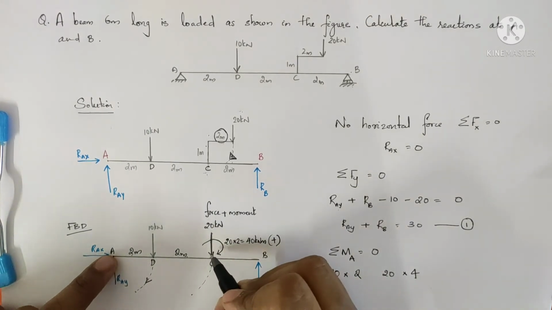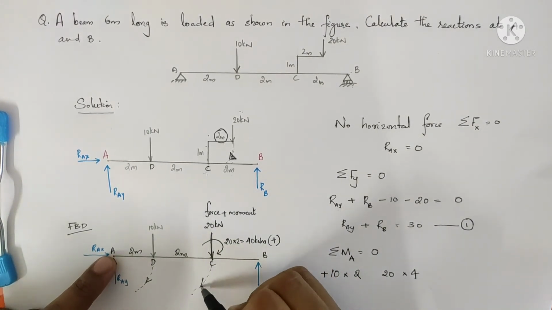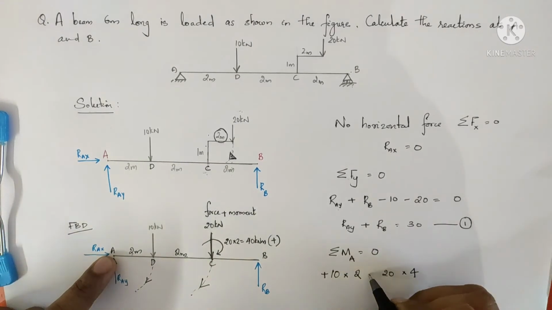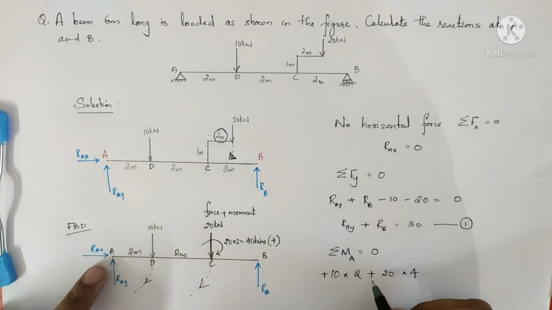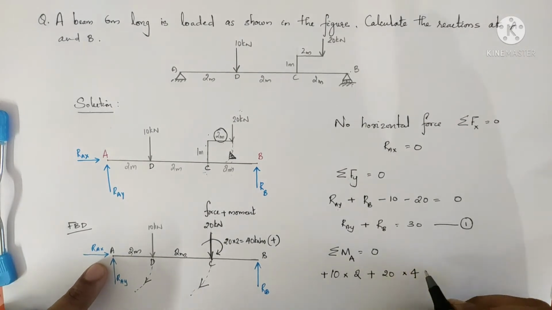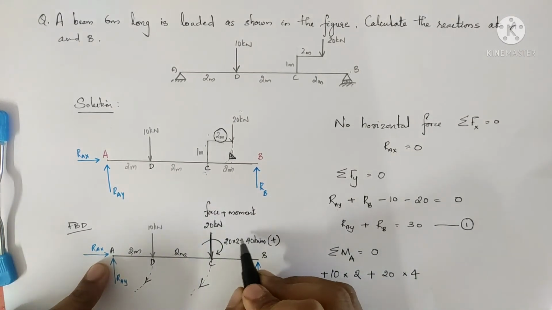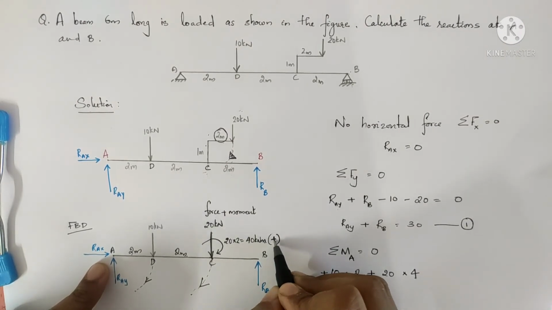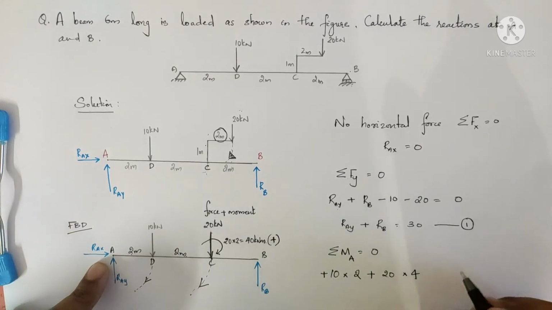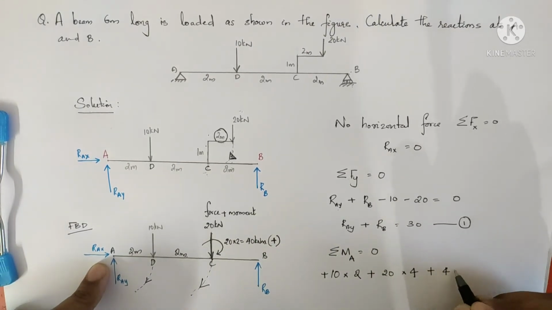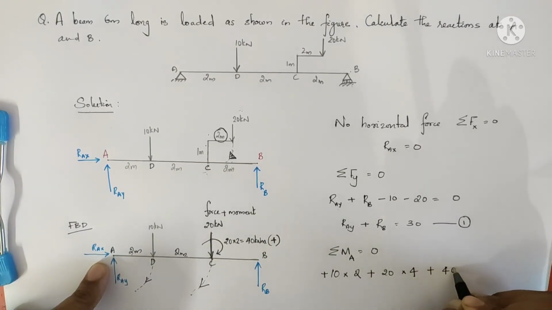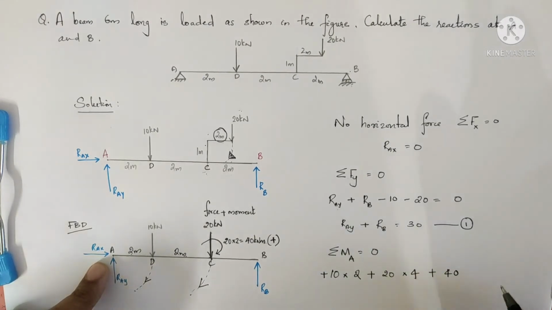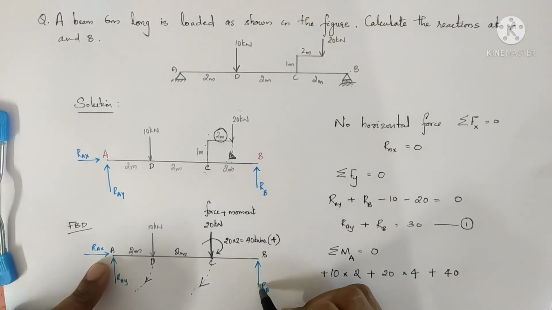We can see that with respect to point A, the 20 kilonewton is moving in the clockwise direction, so again it's positive: plus 20 into 4. Now we have the moment already acting at point C, 40 kilonewton meter positive, clockwise direction. So we just add plus 40 because it's already a moment.